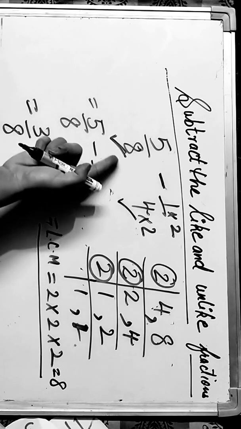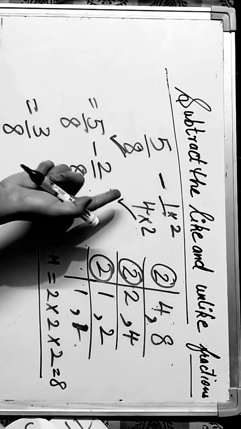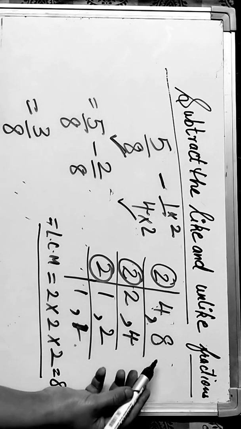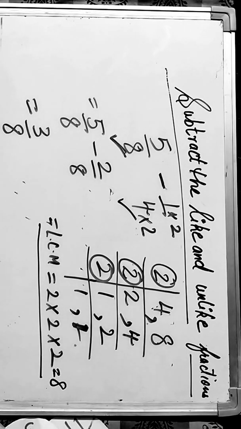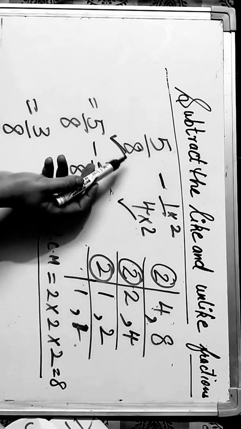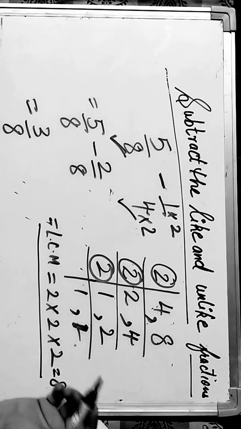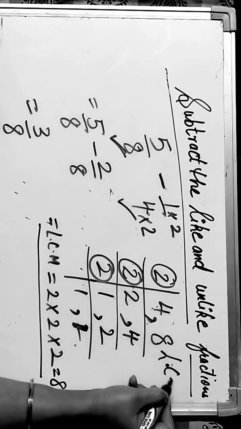So again I am repeating, our first step is we'll look if the denominators are same, if the piece sizes are same. If not, what will we do? We'll make the piece size same. For making piece size same, we need to make the denominator same. For that we need to find out the LCM.